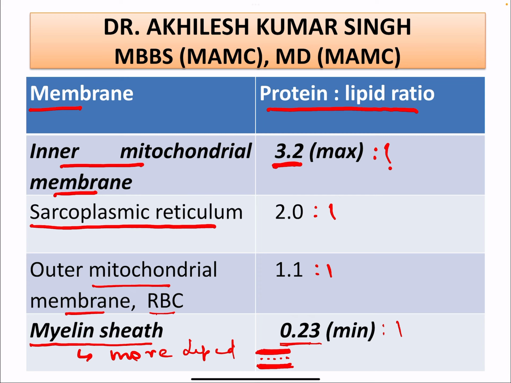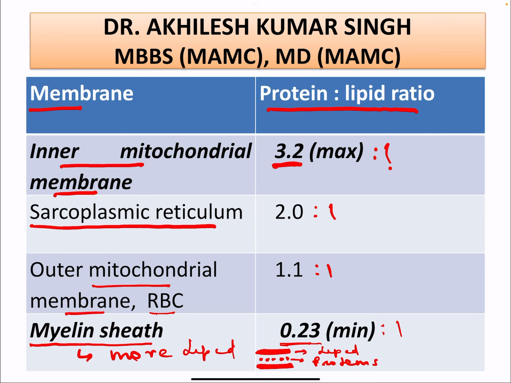So it has two layers of lipid in which the protein layer is sandwiched. So in the myelin sheath, the lipid is more than the proteins. So this ratio is 0.23:1. The protein lipid ratio is 0.23:1.